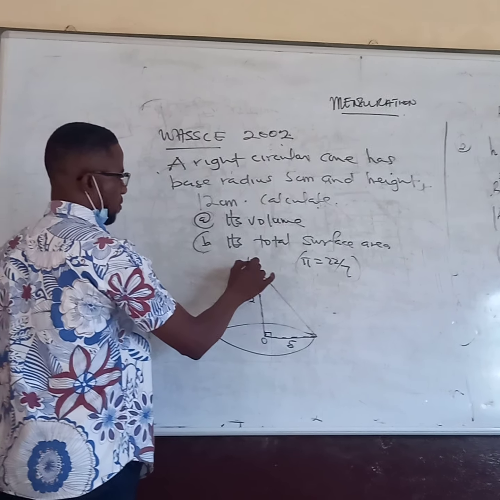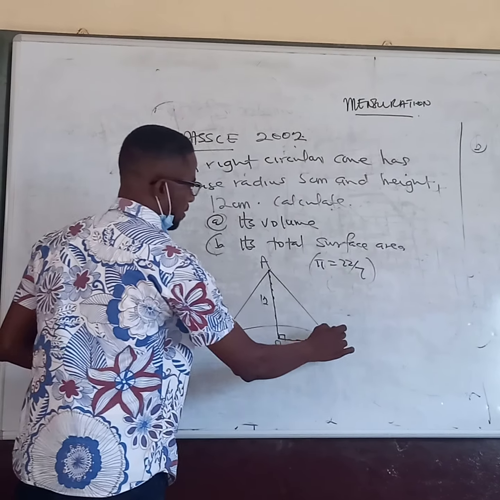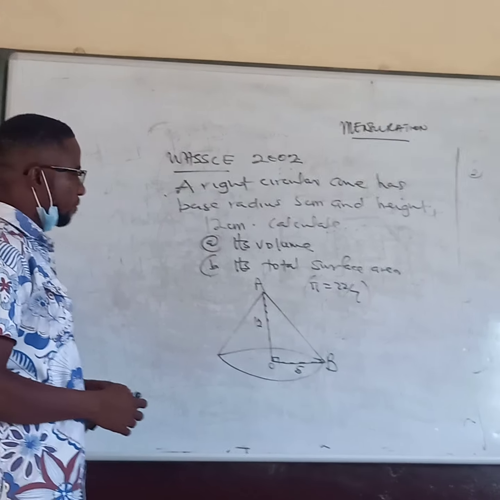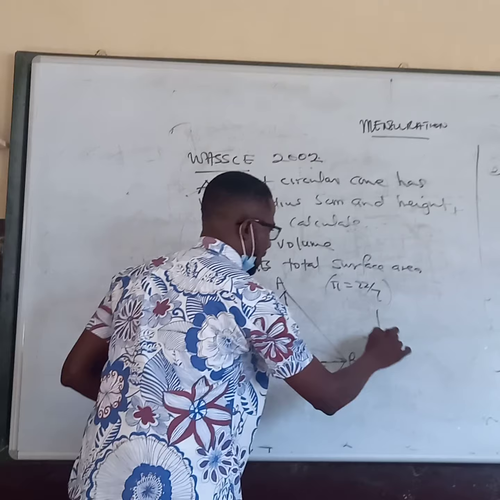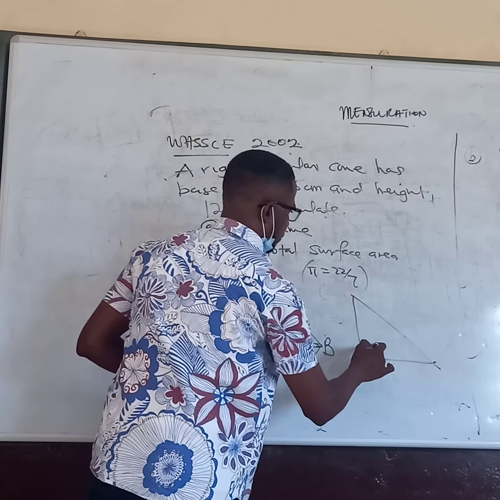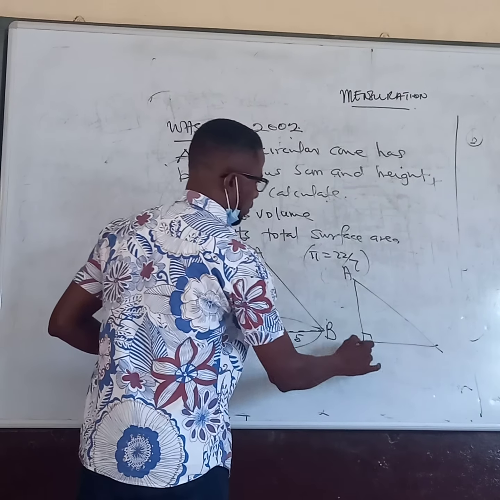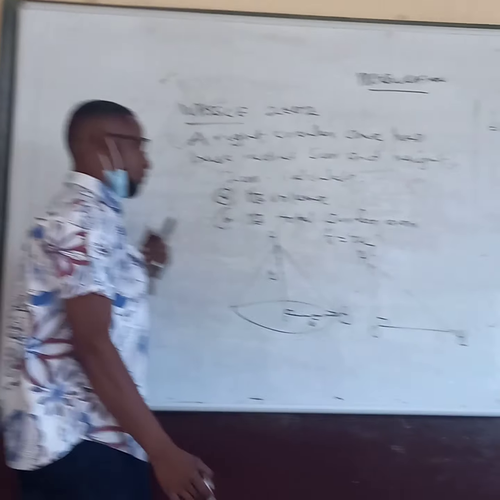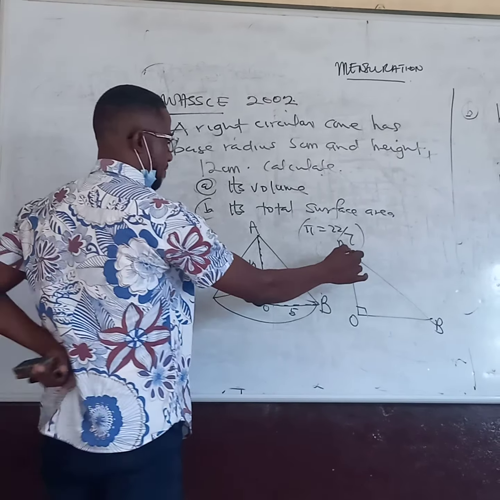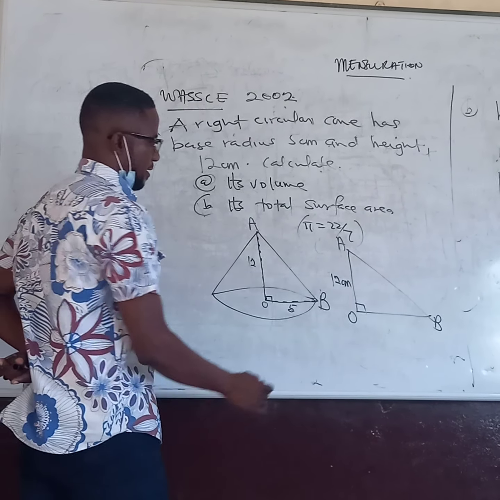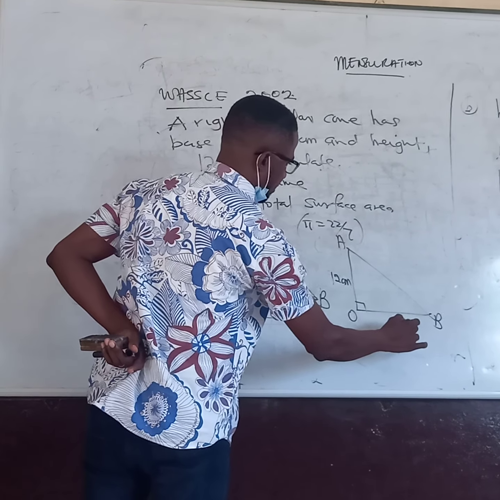The center is O, the apex is B, and the distance from the center to the edge is OB. When we take that side out, we get our right angle triangle, which is AOB. Then the perpendicular height becomes 12 centimeters, and the base radius is 5 centimeters.